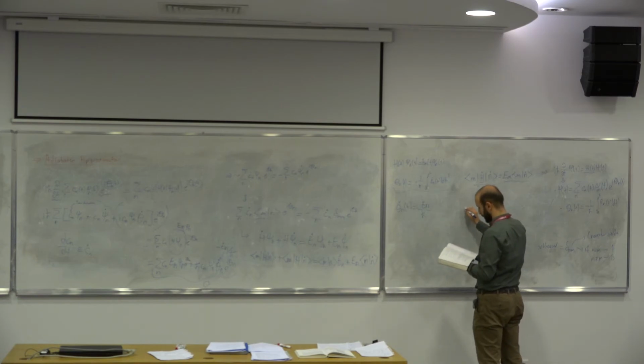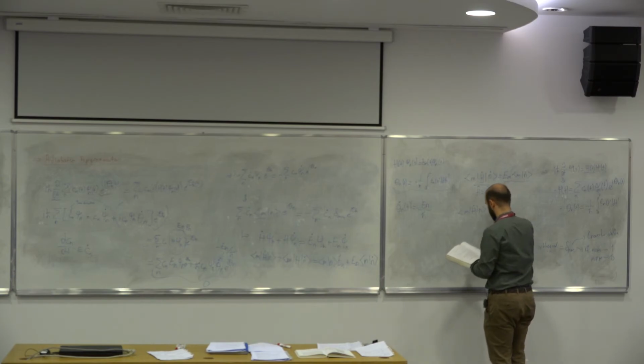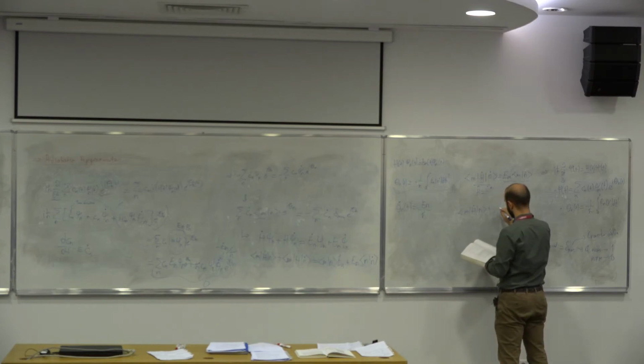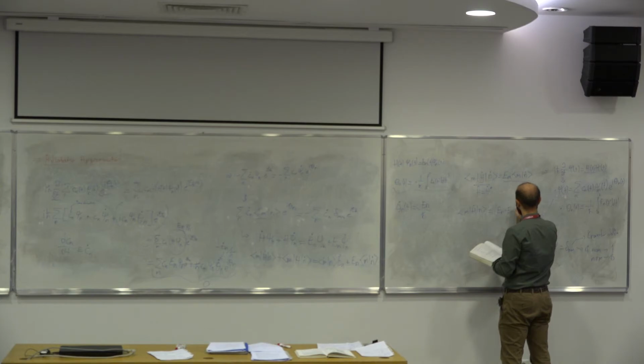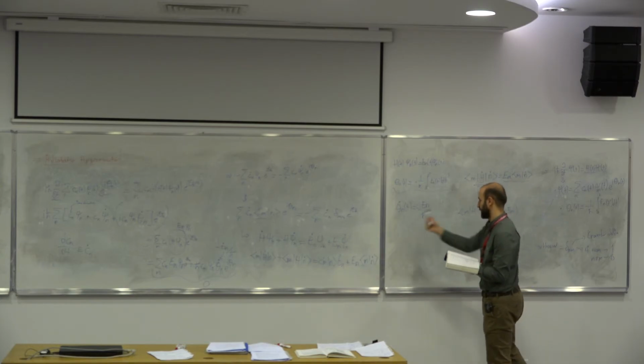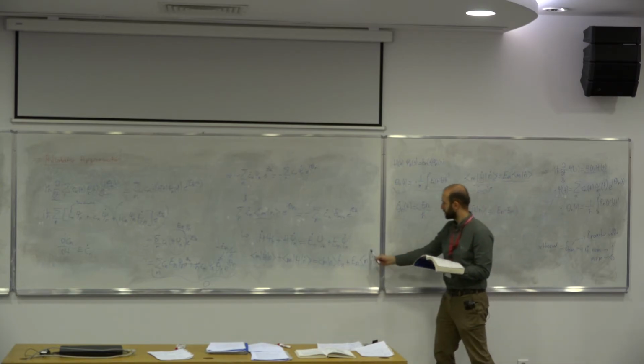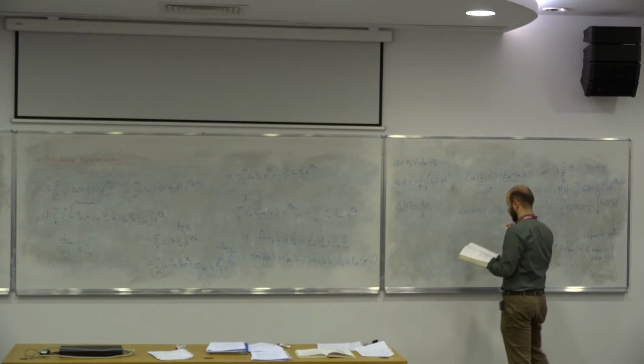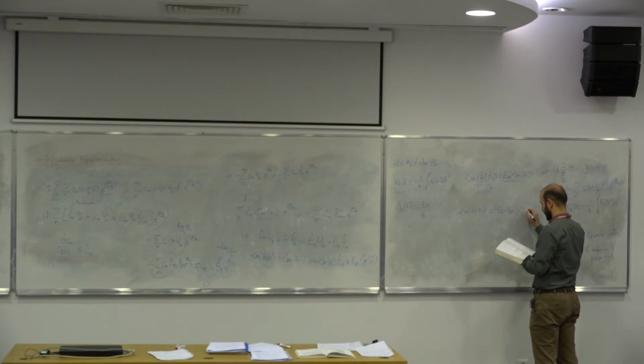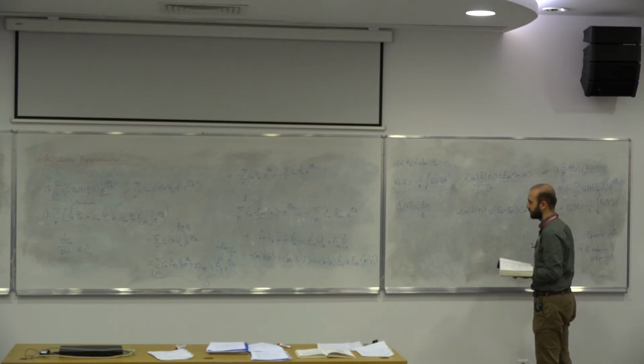So what I'm going to get is something like this: m H dot n, then En minus Em, because of that expression I moved over here, and then I have m n dot.